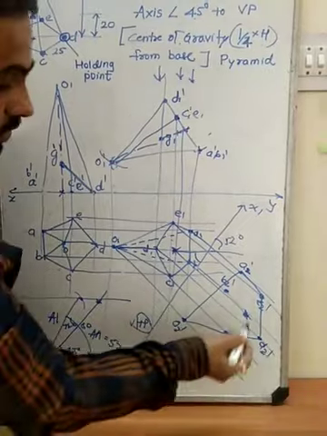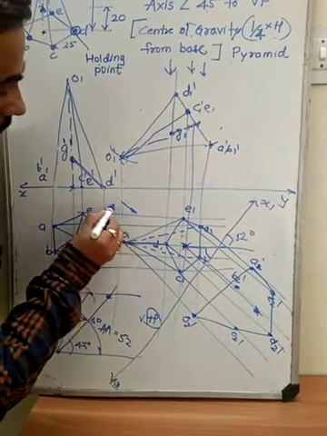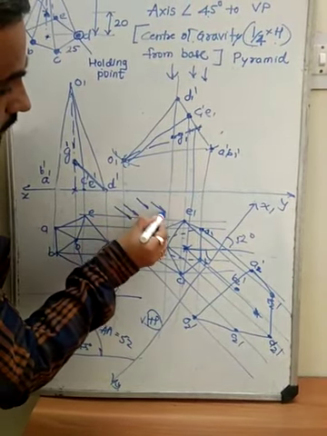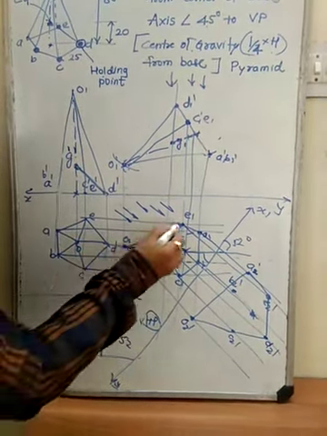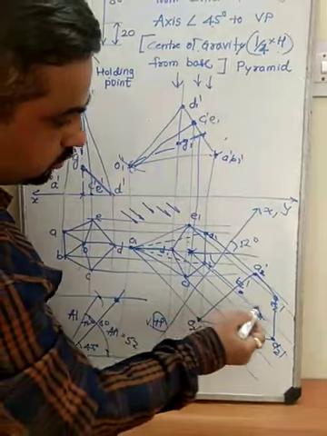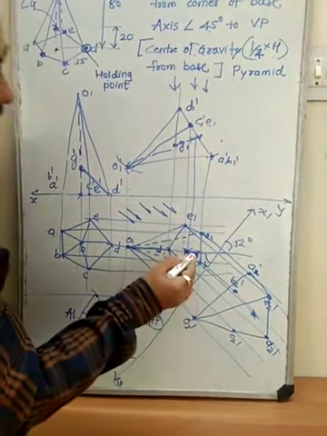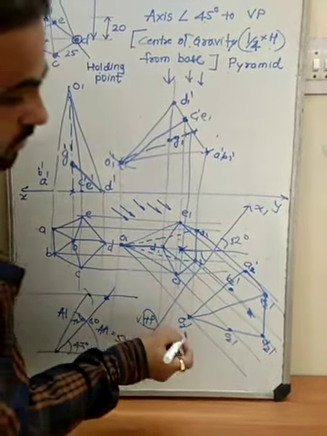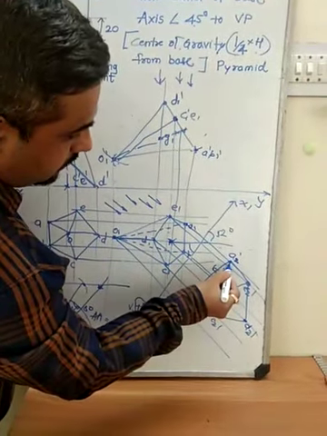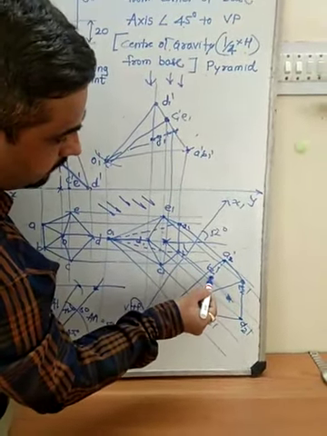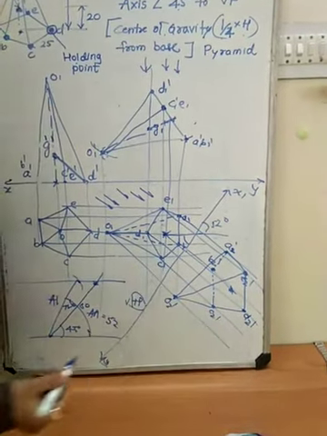Now other lines, for other line you have to observe this view from this direction. Now OE should be dark, so O to E should be dark. What about this AB? AB is not visible. BC is also not visible, so AB should be dotted and BC also should be hidden.